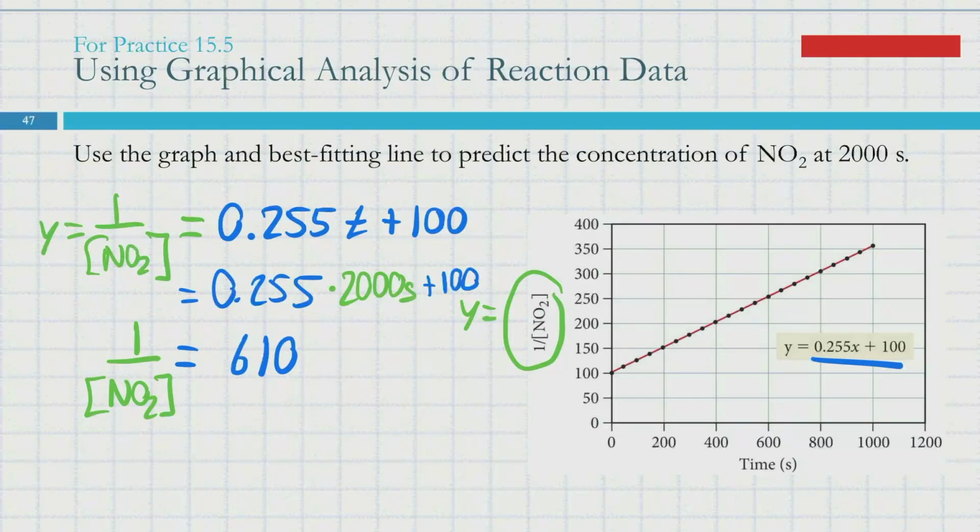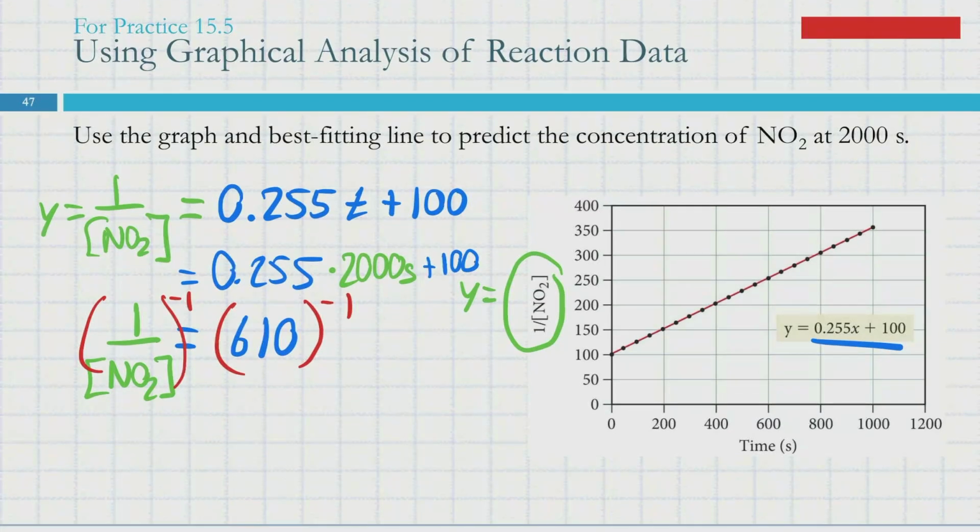So we'll inverse both sides, which transforms this into a concentration of NO2, which is equal to 1 over 610. This will have units of molarity.